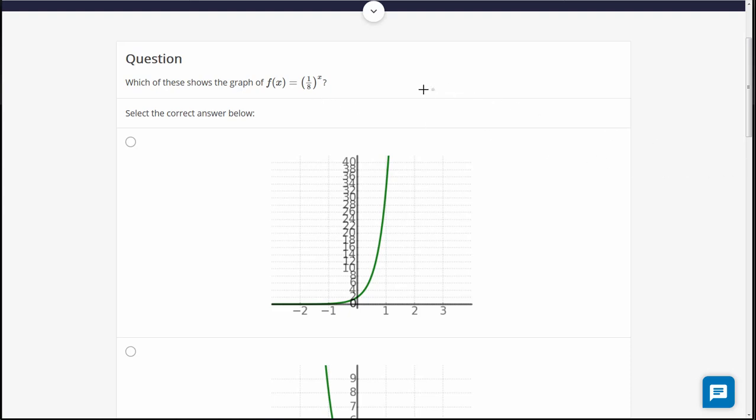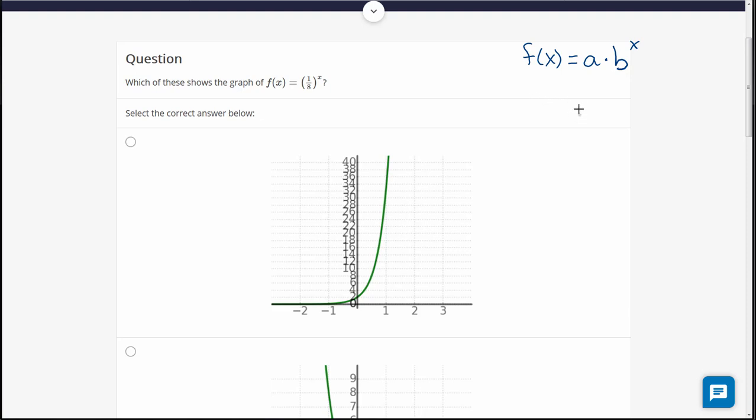So what we need to remember is that an exponential function is one that has the form f of x is equal to a times b raised to the x power, where b has to be non-negative and b cannot be equal to 1.